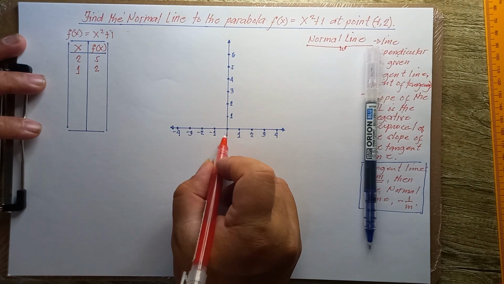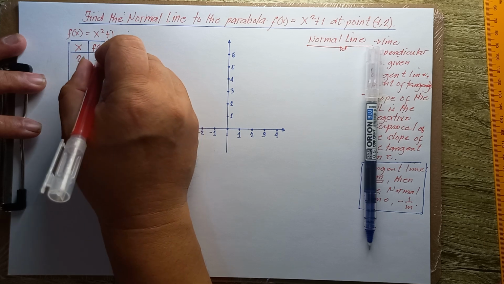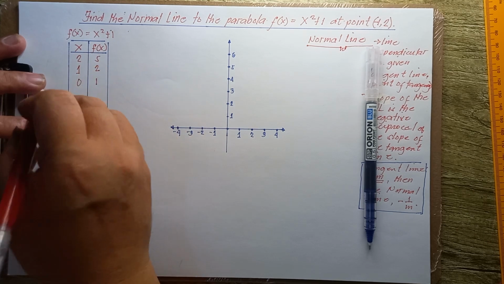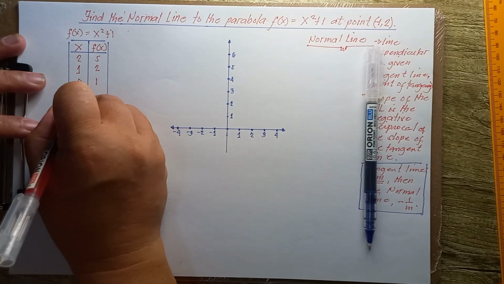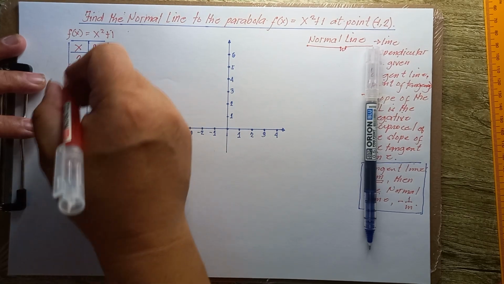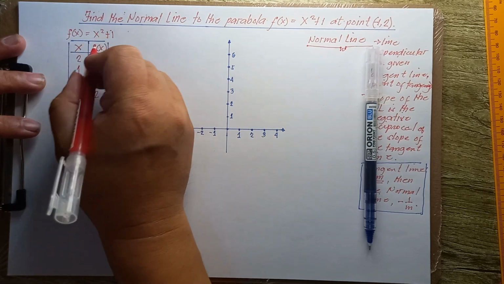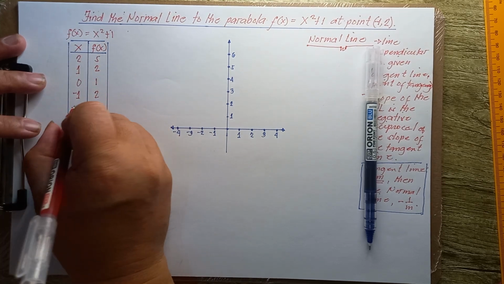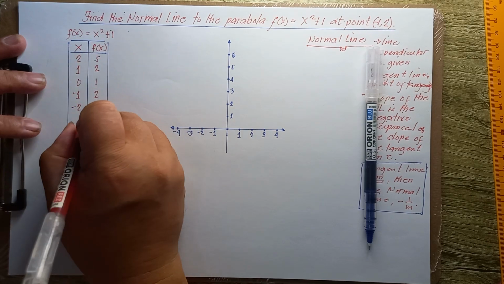If my x is 0, then 0 raised to 2 is 0, plus 1 is 1. If x is negative 1, then negative 1 raised to 2 is positive 1, plus 1 gives 2. What about negative 2? Negative 2 raised to 2 is positive 4, plus 1 is 5.